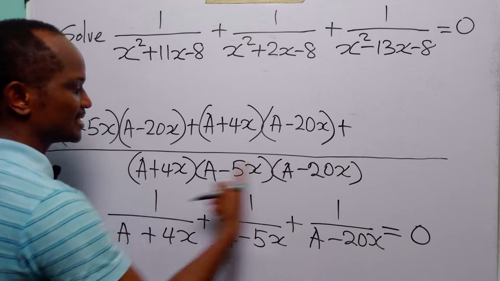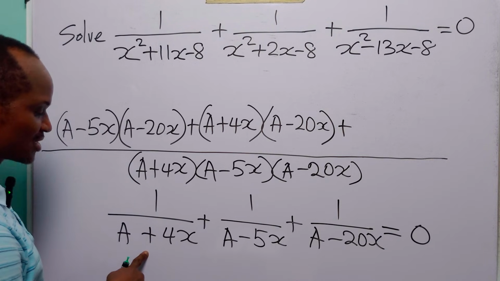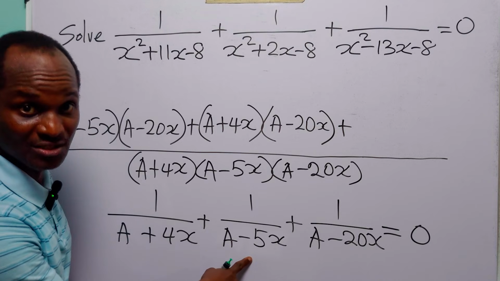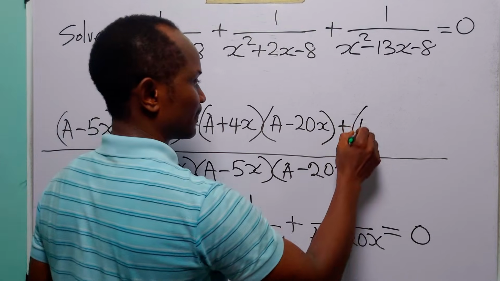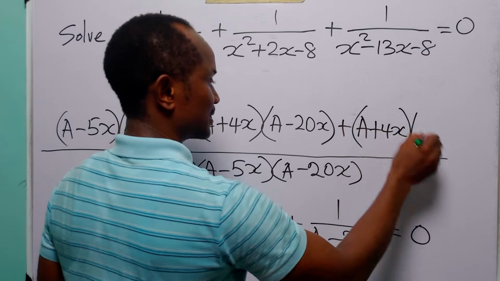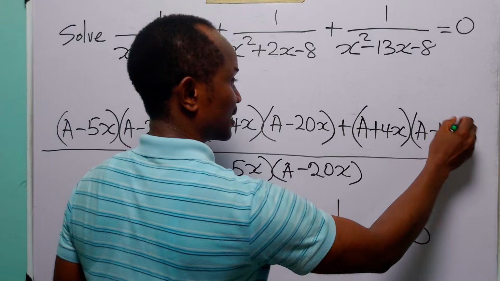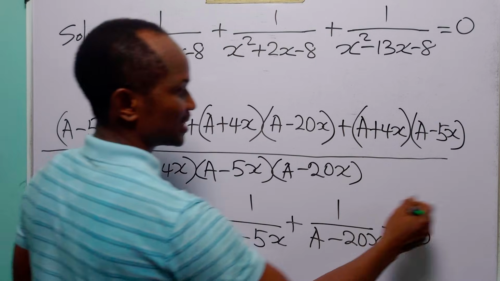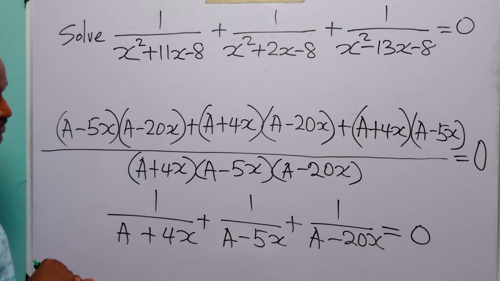When we divide this product by a minus 20x, we have a plus 4x times a minus 5x. When we multiply that by 1, we have a plus 4x times a minus 5x. And of course, everything is still equal to 0.